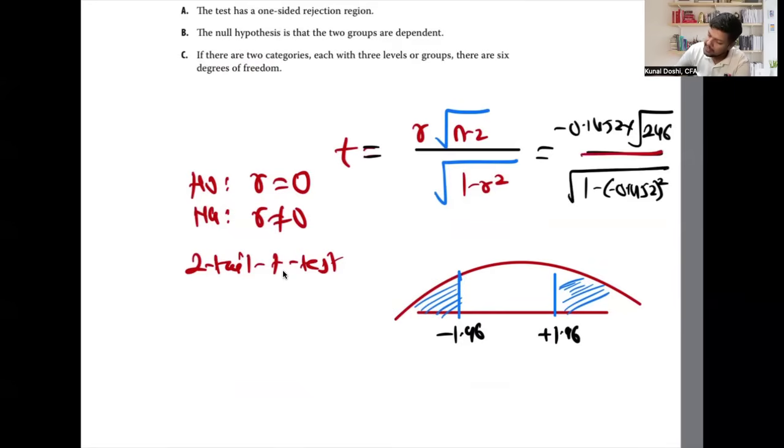It's quite a complicated thing, but how will you solve it? Generally, I solve the denominator first. So 0.1452 squared is 0.021, store it.